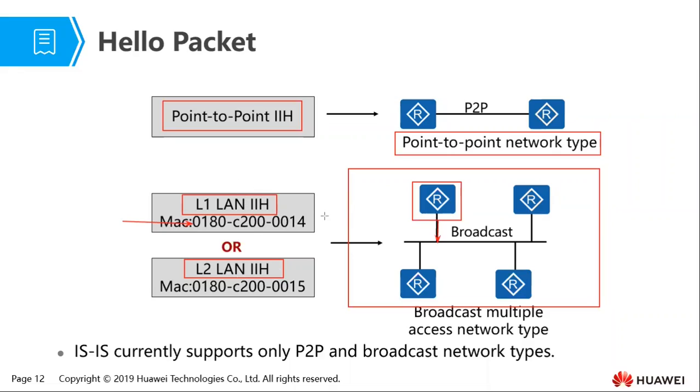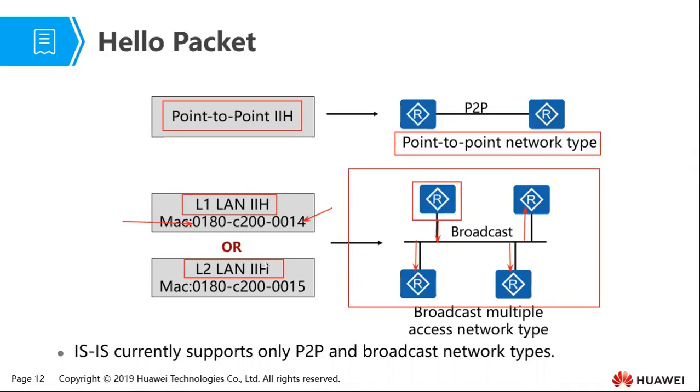So this is the destination MAC address of that particular hello packet, the level 1 LAN IIH packet. So if this guy receives it, it will know, oh, I can process this. So what I'm saying at this particular point is that we use a multicast MAC address as the destination address when we want to send a hello packet within a broadcast network.